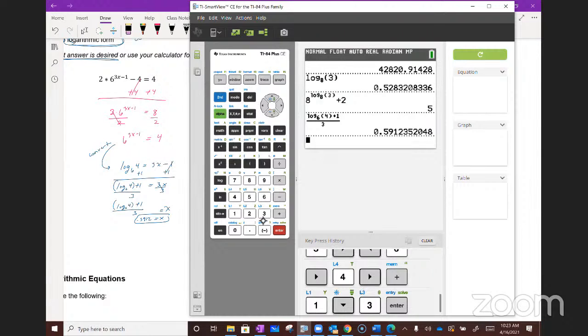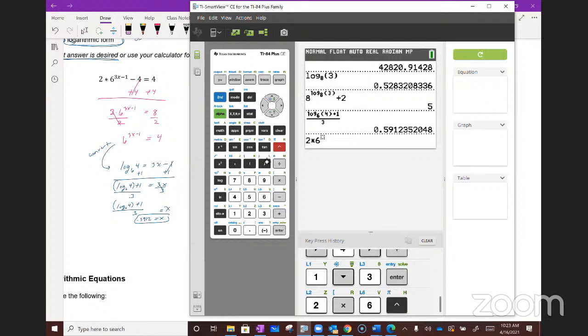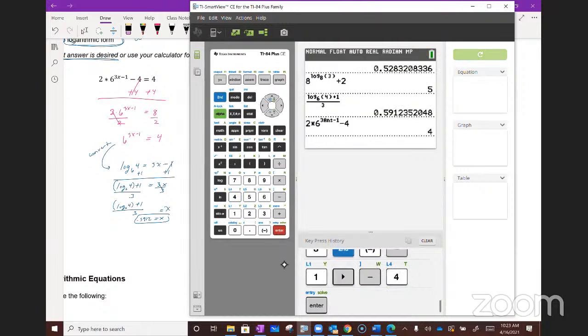So I would do 2 times 6 raised to the 3 times that answer. To reselect that answer, I press second negative. Then minus 1, and then I get out of that and subtract 4. And I want to see, does it equal 4? And it does. So I know that's the right decimal. I didn't make any mistakes in my math, because there were so many steps and it's easy to make mistakes.